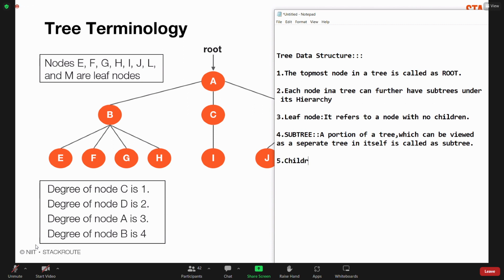So let us discuss children. What is children of a node? The roots of the subtree. Ma'am, children can be subtrees also.